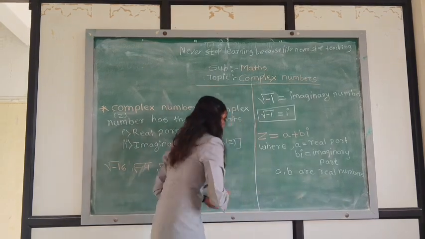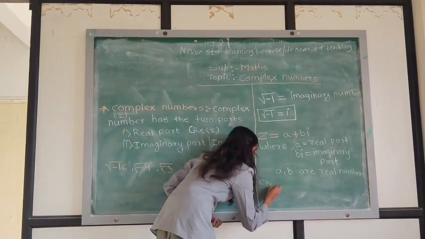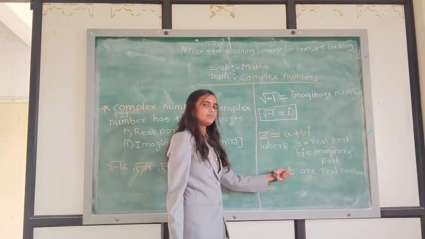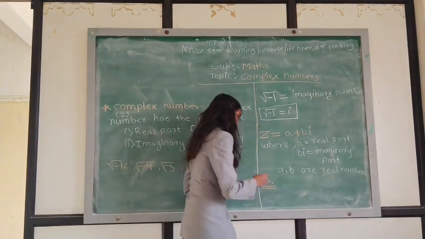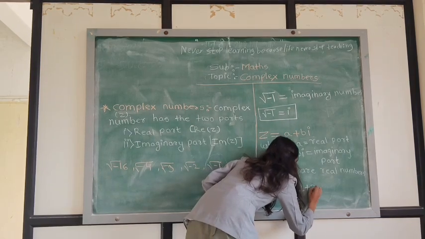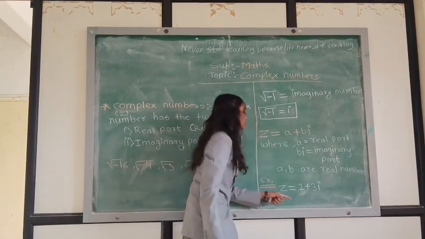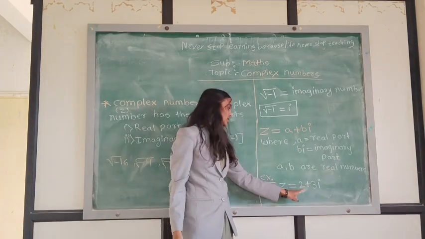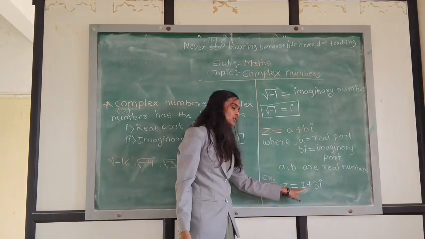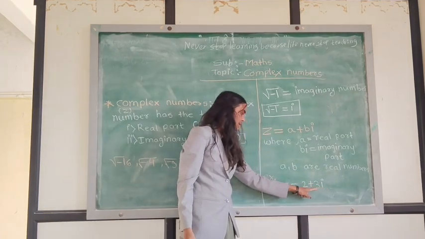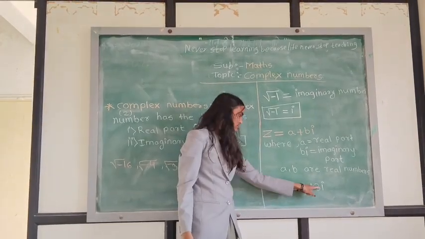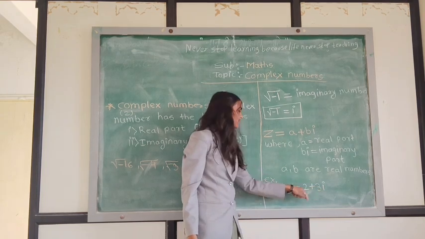For example, we will take the value of a as 2 and b as 3. Then Z equals 2 plus 3i. So this is the complex number which contains a real part and an imaginary part, and a and b are real numbers. Okay.